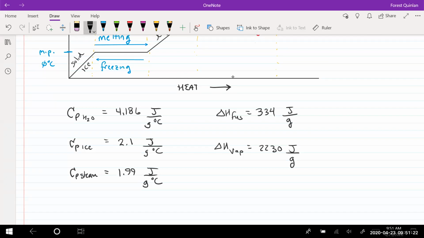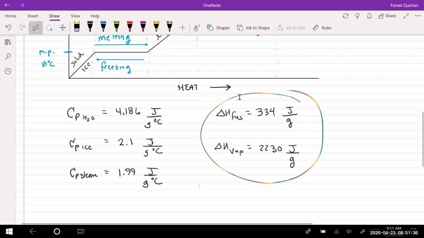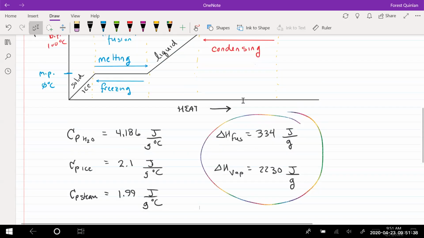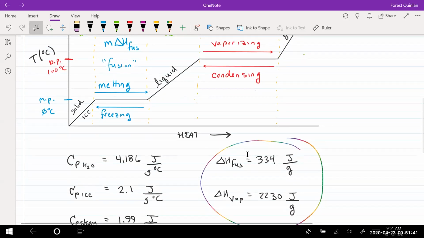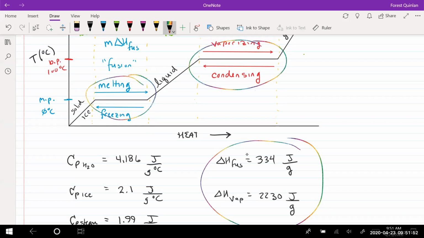But more importantly are these guys over here. Take a look at the values for the fusion and the vaporization. They are hundreds or even thousands of times more energy. And that is important because, for those who've seen me talk about this heating curve, I said it was very important that right here on our little transitions, the temperature doesn't go anywhere.